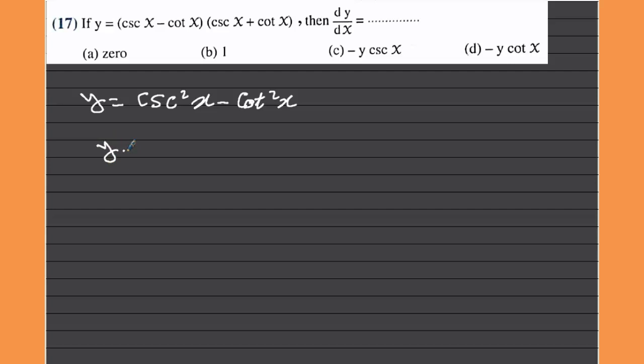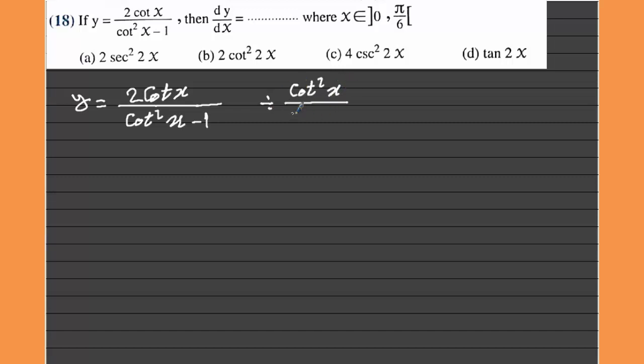So y equals 1. That means dy/dx equals 0. And the answer is letter A.